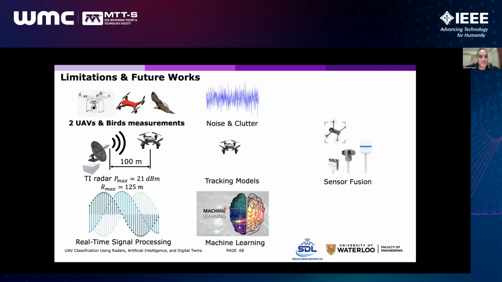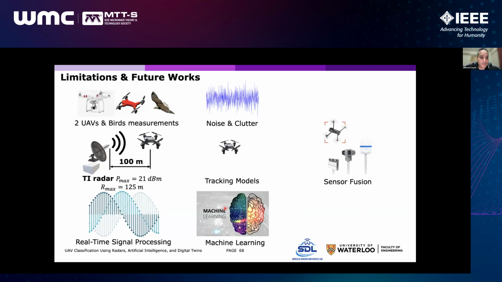But also, we have some limitations in this work that need to be stressed in the future. In measurements, due to some constraints, only 2 UAVs were used in real measurements, and we relied only on digital twins for bird signatures because we couldn't figure out a way to fly birds in a controllable experimental setup.